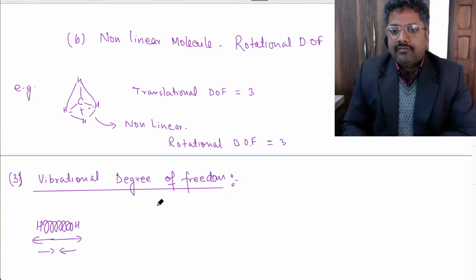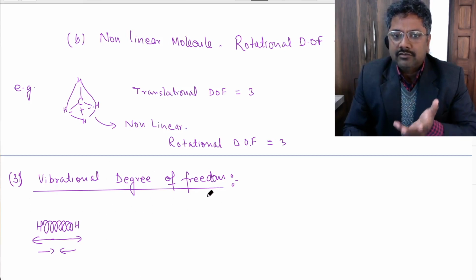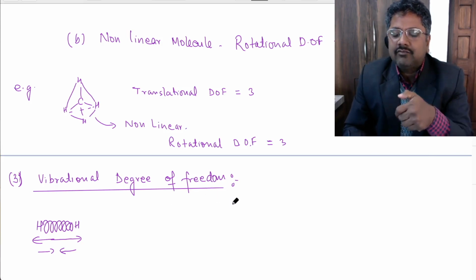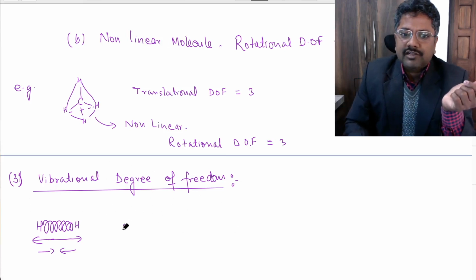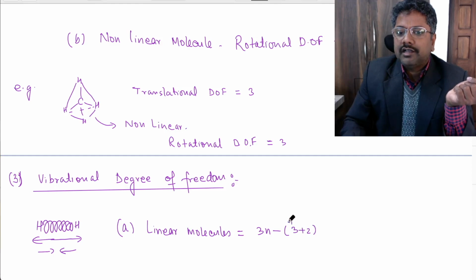So for vibrational degree of freedom, no need to do anything. You have total degree of freedom 3n, you have translational, you have rotational. So you simply subtract rotational plus translational from the total and get the vibrational degree of freedom. For linear molecules, it is 3n minus (3 plus 2), where 3 is translational and 2 is rotational.